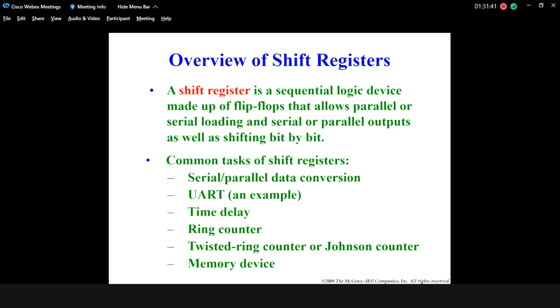The common tasks of a shift register are serial or parallel data conversion, UART as an example, and time delay. This means that in some types of detector, for example an X-ray detector, when the X-ray photon hits the detector, which is commonly made from silicon, it generates electron-hole pairs.